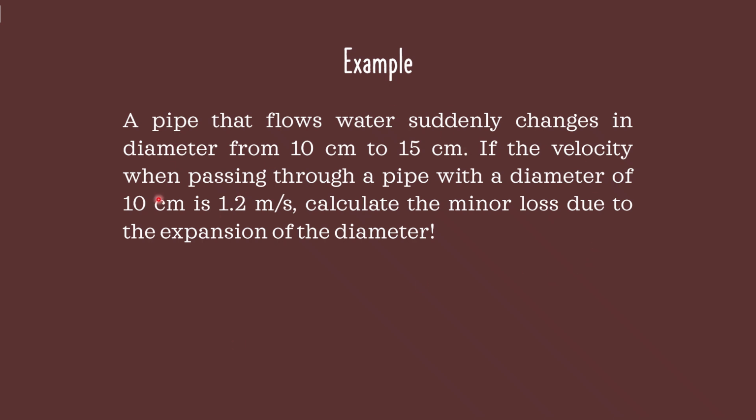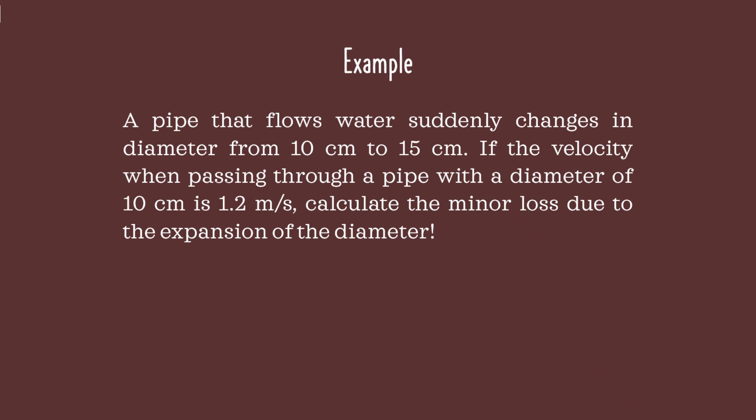This is an example to find the minor loss due to the expansion of the diameter. It is pipe flow, and water flows through the pipe and changes in diameter from 10 to 15.